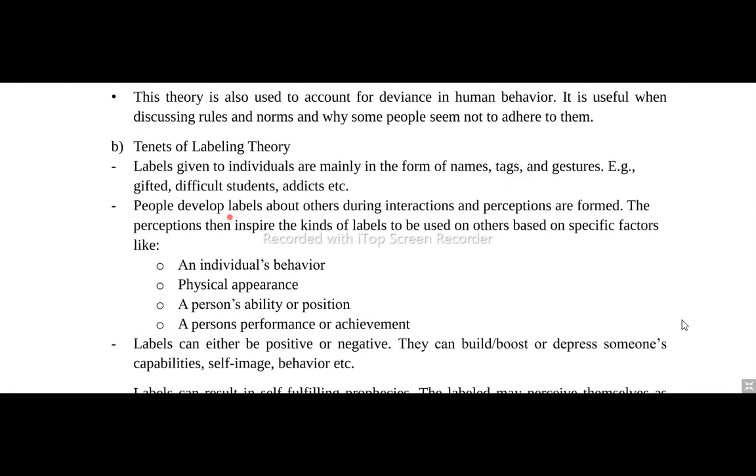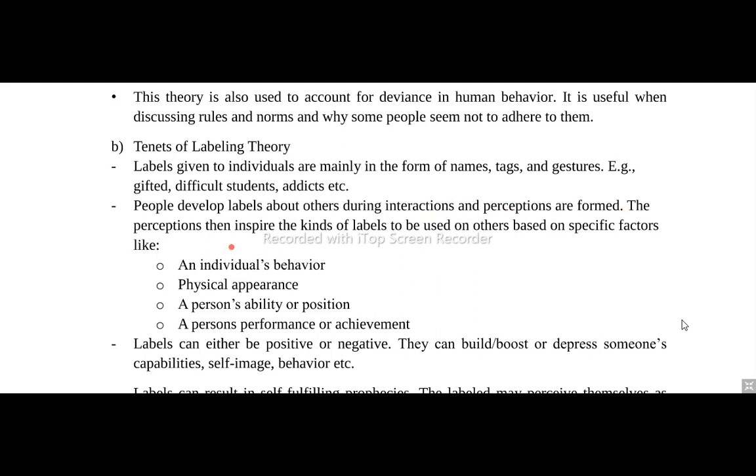People develop labels about others during interactions, and perceptions are formed. So when we are interacting with others, the way they talk, the way they do their things, we come to a perception. A picture in our minds forms.